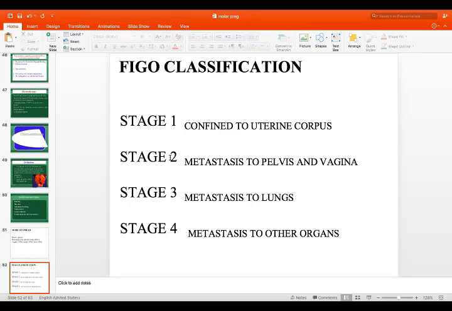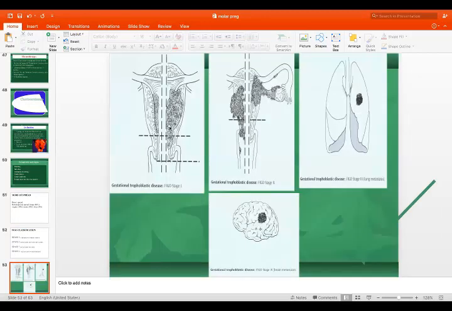And in stage 4, metastasis to other organs, including brain. But this is stage 1, locally invasive to the vagina. This is stage 2, to the pelvis. And this is stage 3 to the lungs, and stage 4 to the brain.